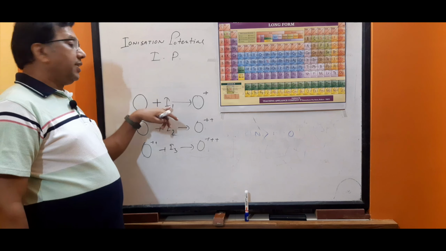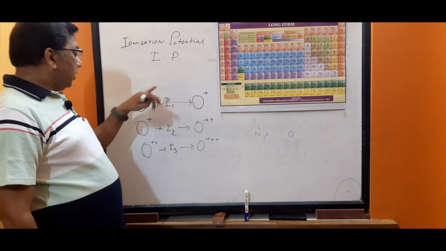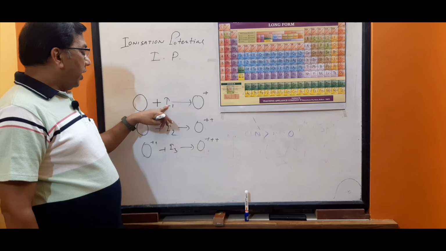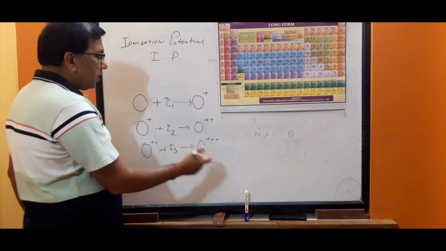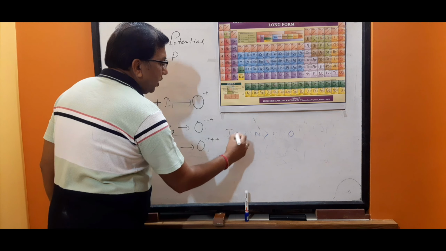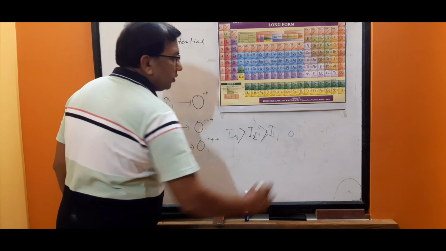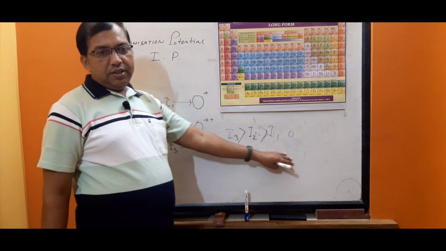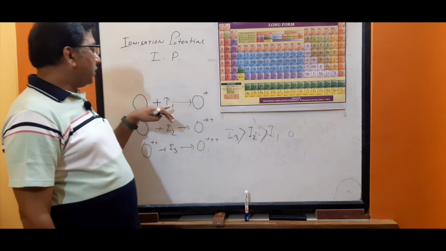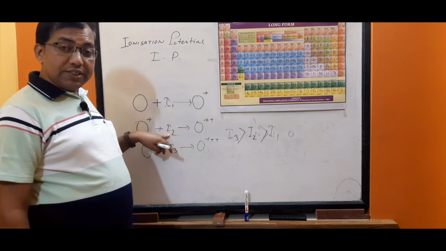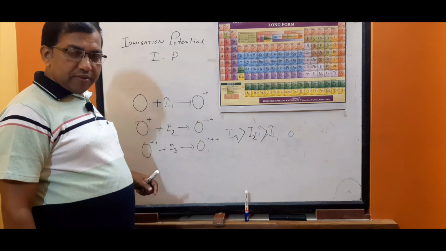The energy required gradually increases: I2 is greater than I1, and I3 is greater than I2, meaning more energy is required. So the comparison is I3 is greater than I2 is greater than I1. This is the successive ionization potential. The first is known as first ionization potential, then second ionization potential, third ionization potential, and so on. Clear?